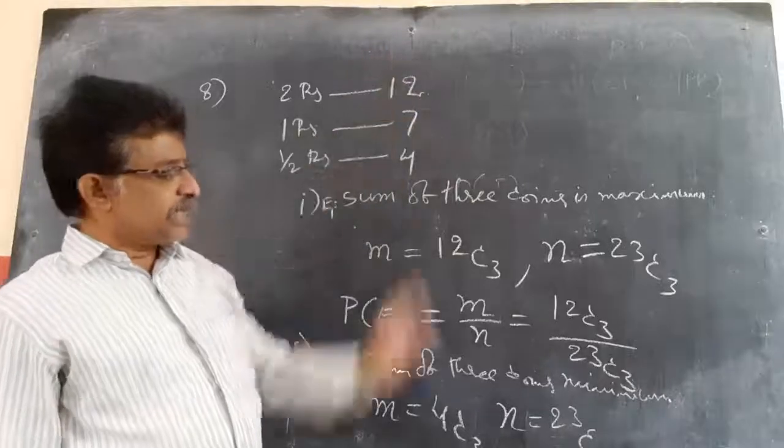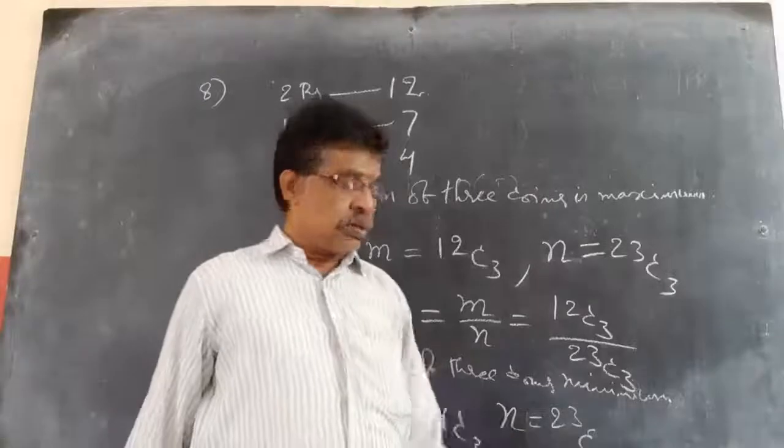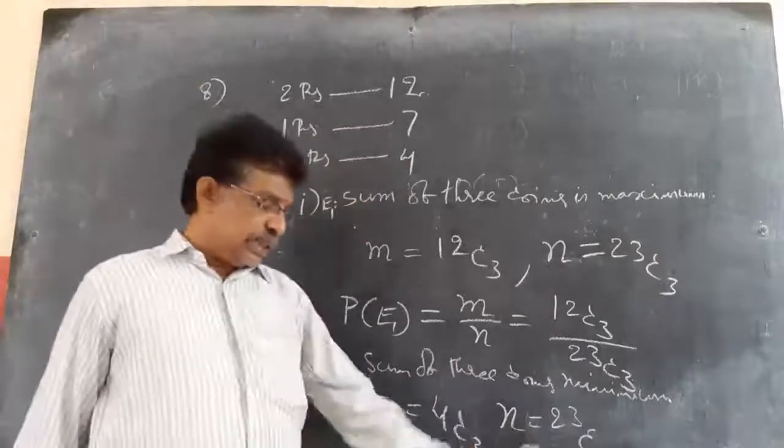So the whole bag where 23 coins are there. I need to pick up 3 coins from 23, so total outcomes are 23C3.